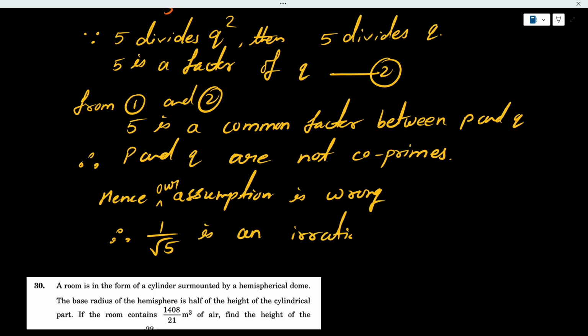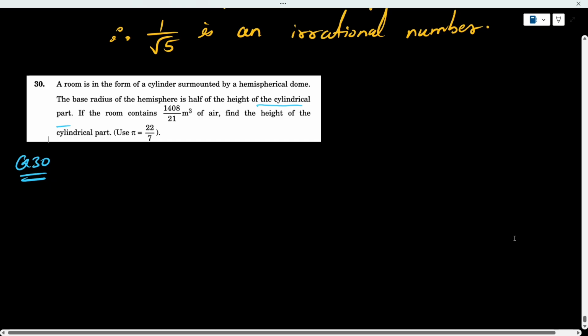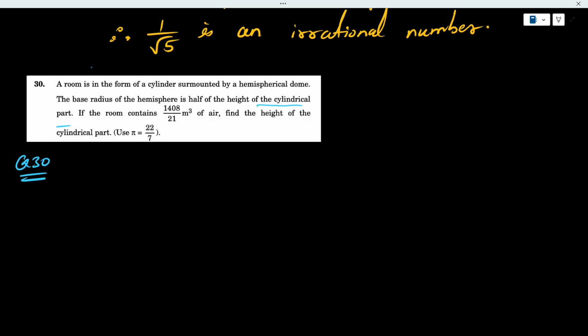Generally one question you always see is where you have to prove irrationality. So this is your next question, question number 30. What do we need to do here? It's given a room is in the form of a cylinder surmounted by a hemispherical dome. The base radius of the hemisphere is half of the height of the cylindrical part. So what is the shape here?